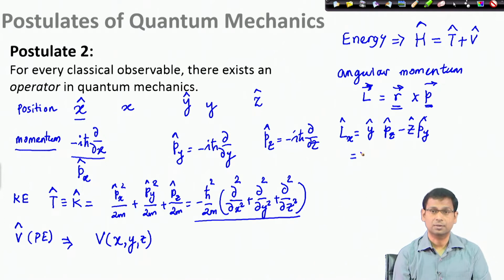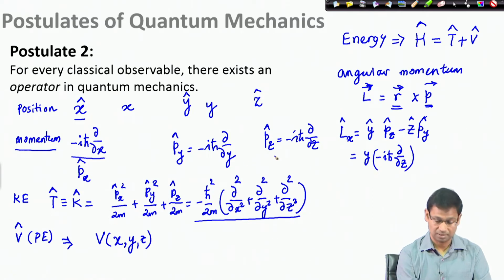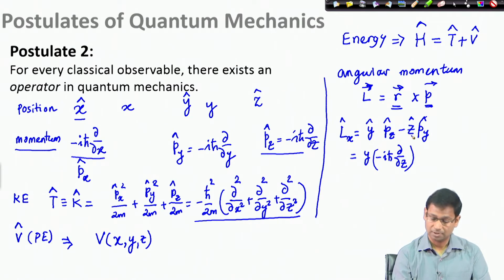And what is the action of the y operator? The action of the y operator is simply y, and what is p z? This is minus i h bar d by d z. I see p z is here, and what is the action of the z operator? Simply multiplication by z, and what is p y?